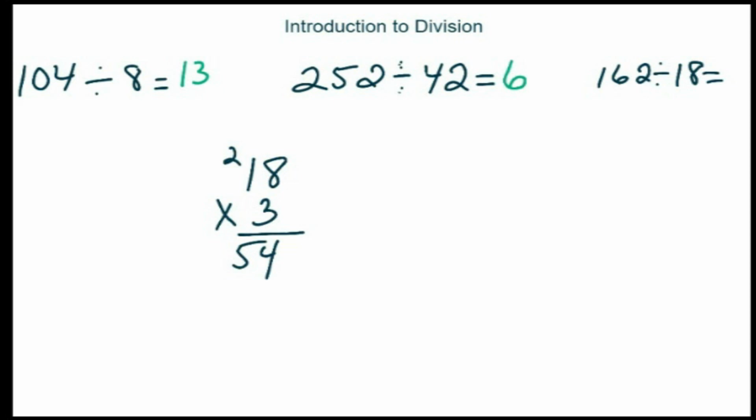We need to multiply 18 by a higher number so that we can get a higher answer. Remember, the answer has to be 162 after we multiply. Let's try again. What if we were to multiply 18 by 8? Maybe that would give us 162 as an answer.